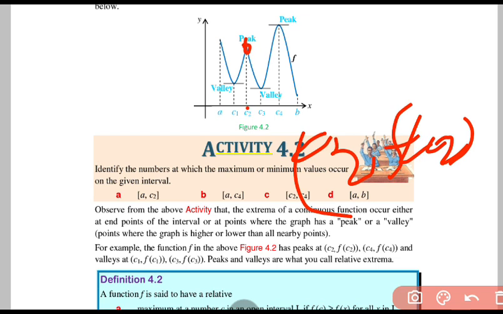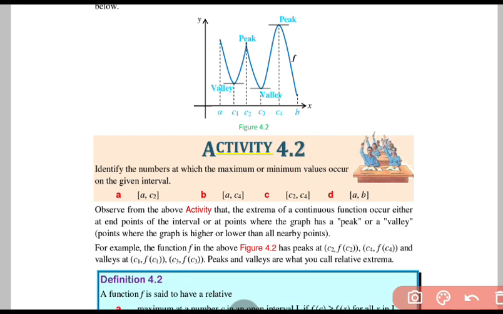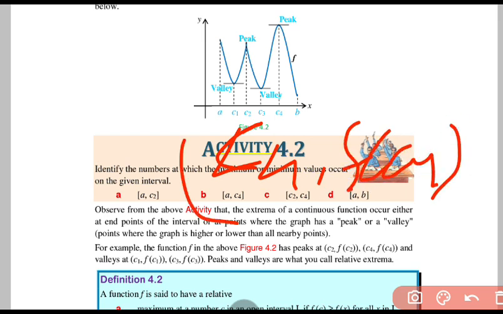When we plug in 4, let me plug in c4 comma f of c4. That also exists as a peak, a mountain or the top one. These are peaks: c2 comma f of c2 and c4 comma f of c4.